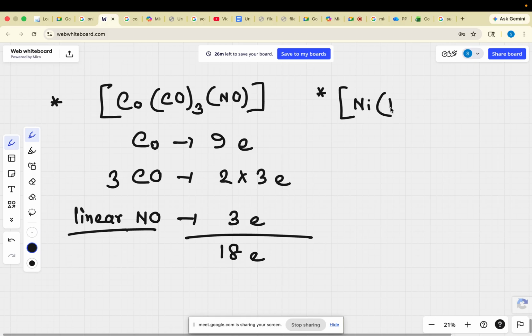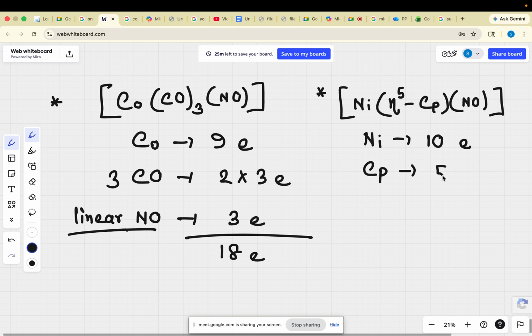So you have nickel, eta 5 Cp, NO. Do it. 18. So nickel is what? Nickel is 28, so 10 electrons, right? Cp will donate how many electrons? 5 electrons, and NO will donate 3 electrons.